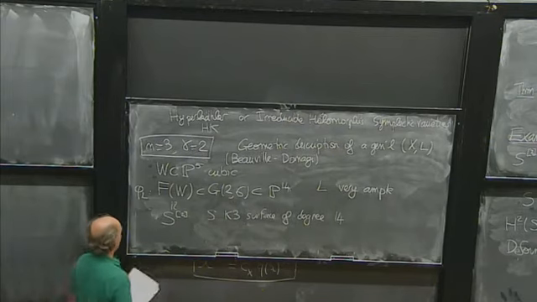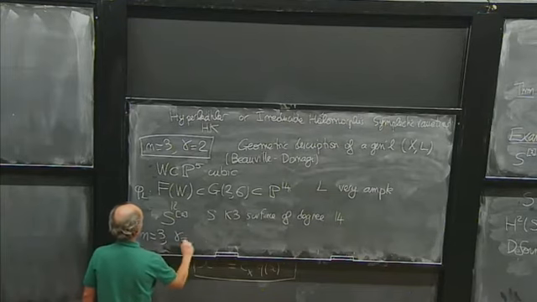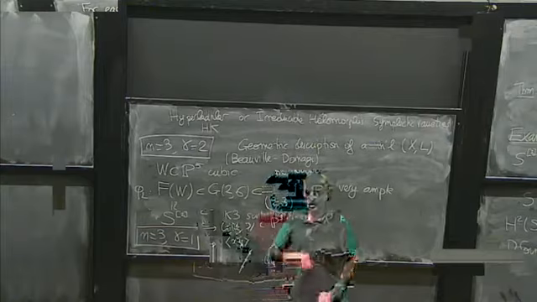Now, you can ask about the case where gamma is equal to 1, and actually I don't think there is a general description known of this case, but you can do the same trick as I was doing here. Obviously, this construction can be made for K3 surfaces of any degree.